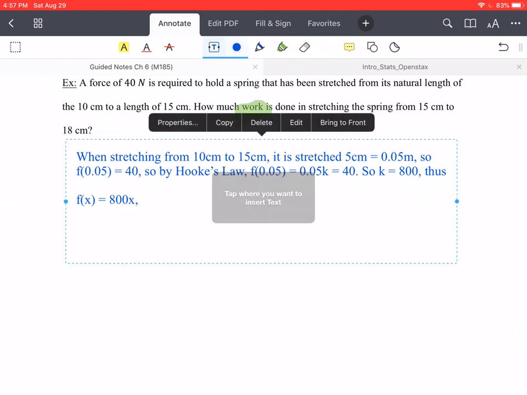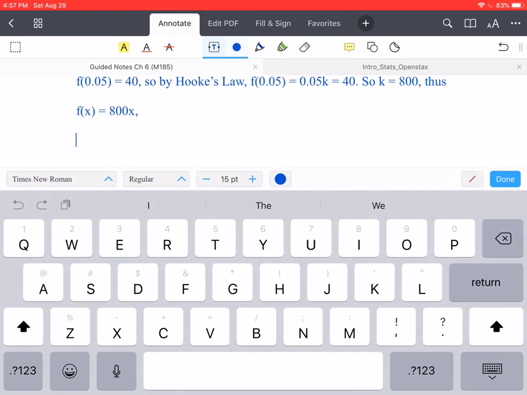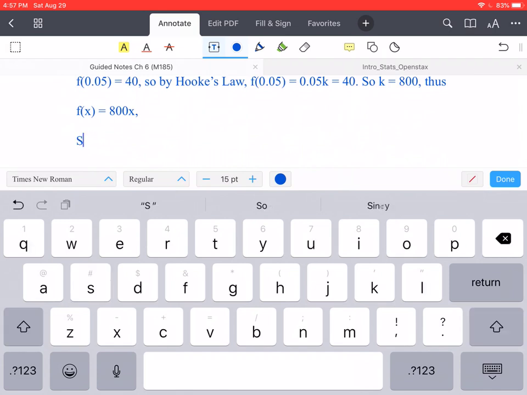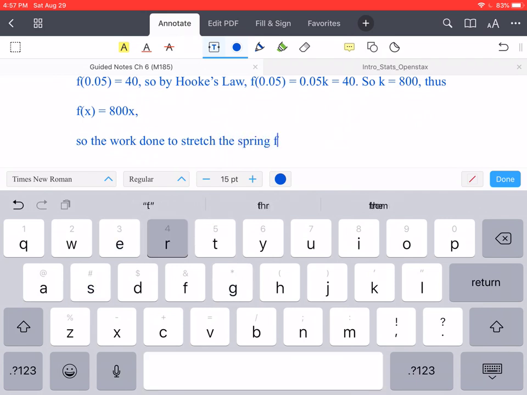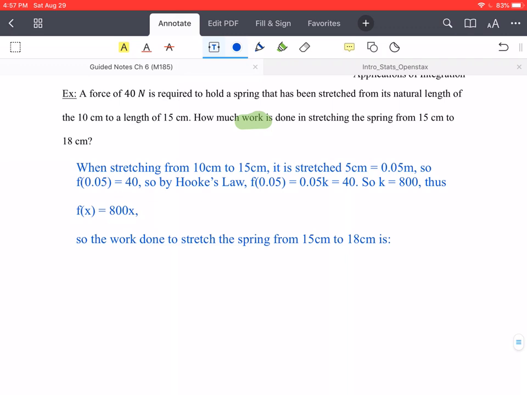So just be mindful of that. The work done to stretch the spring from 15 centimeters to 18 centimeters is what we're going to find right now.